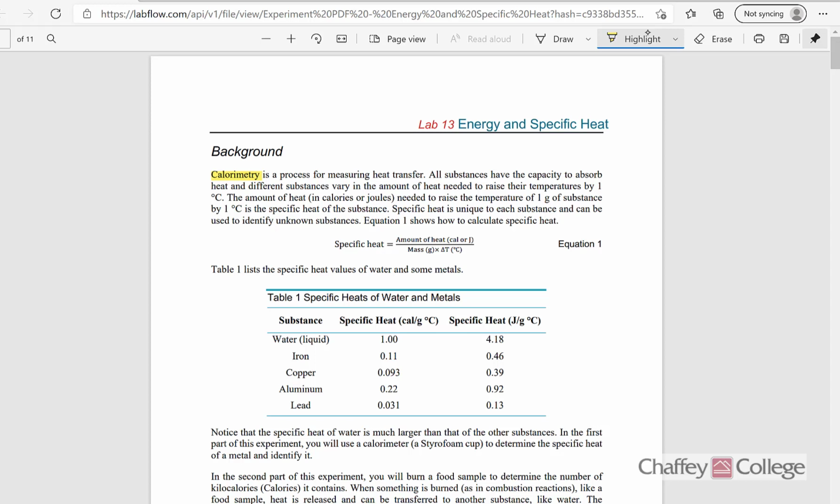Now, what is specific heat? Specific heat is the capacity of any object to absorb heat. Some objects absorb heat quickly and some absorb heat relatively slowly. An example is metal and plastic.